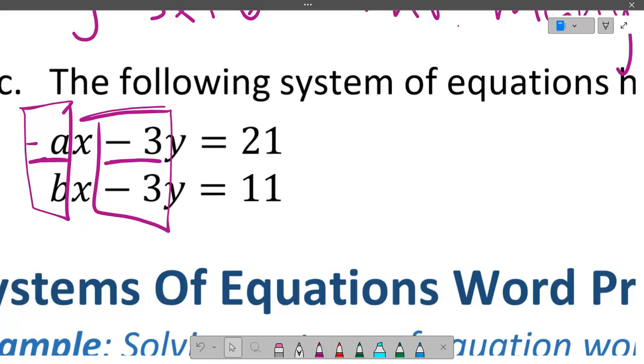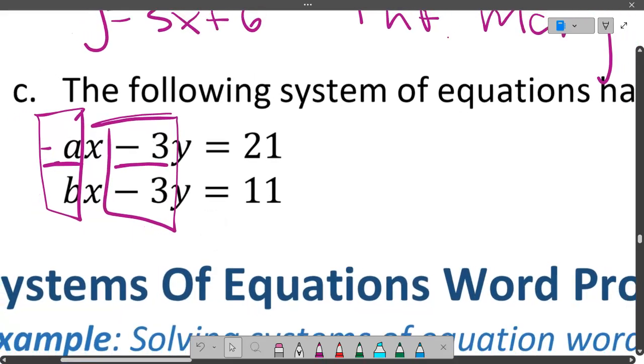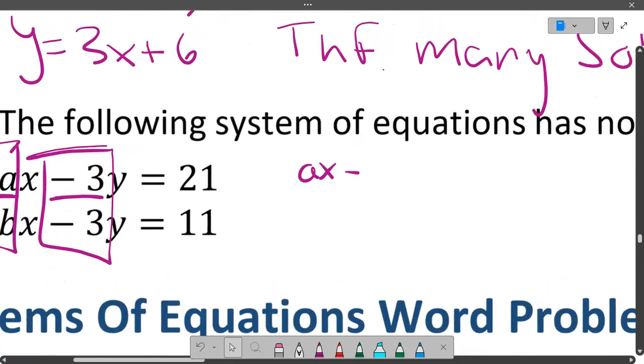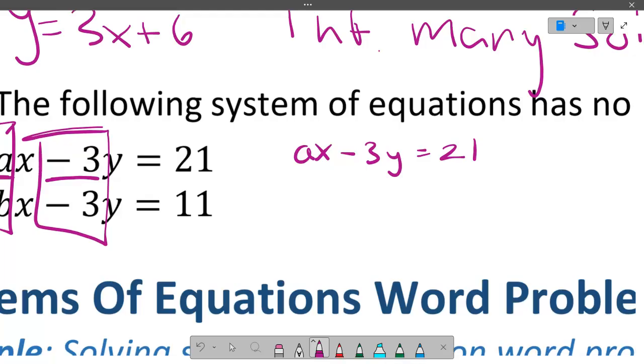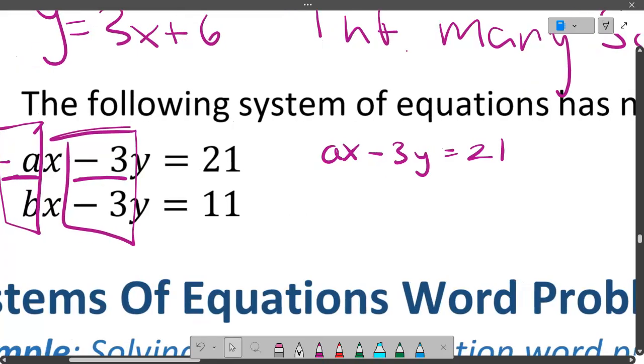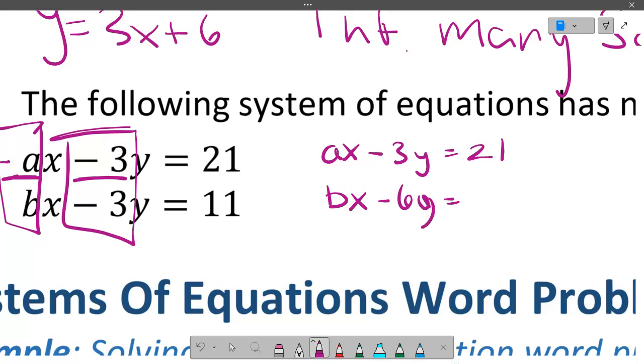Let me give you a slightly different system. Let's say I still had ax minus 3y equals 21, okay? And then I had bx minus 6y equals 11, okay? They're parallel.